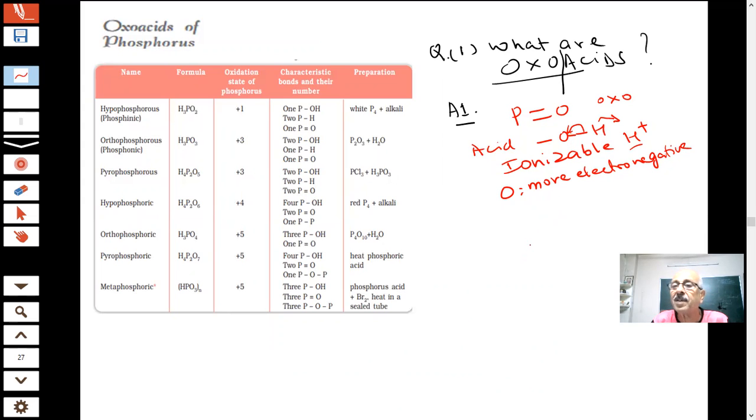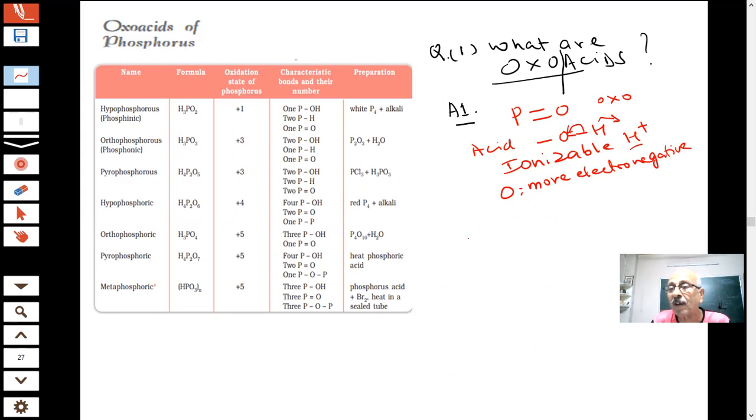Chemistry works on certain basic things: size of the atom, electronegativity, lone pairs. We have to think and apply, then it becomes easy. Large oxoacids are formed and the formulas and names are difficult.